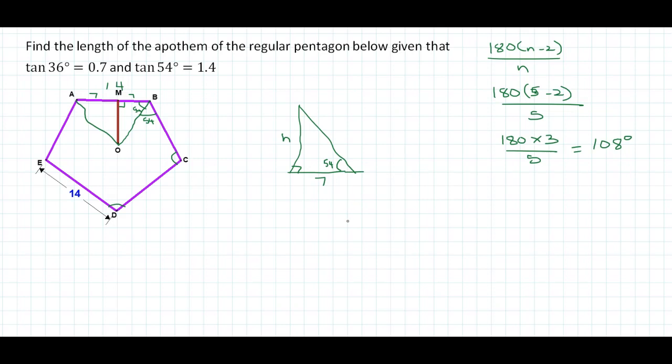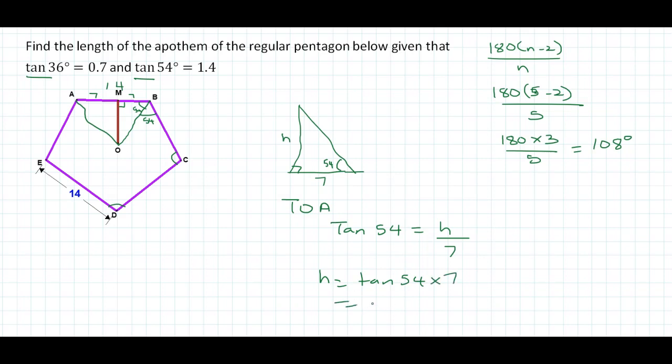So we're going to now apply our SOHCAHTOA. So our TOA is, we're going to use tan. The question kind of gives you a hint of what you're going to need. So tan 54 is equal to opposite, which is h, divided by adjacent, which is 7. So your h is equal to tan 54 multiplied by 7.